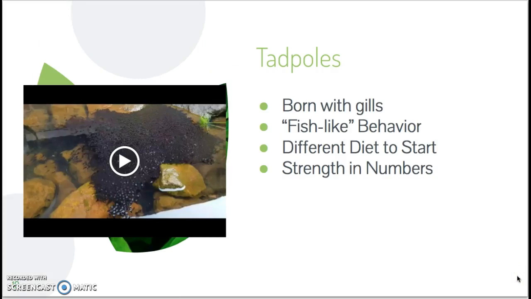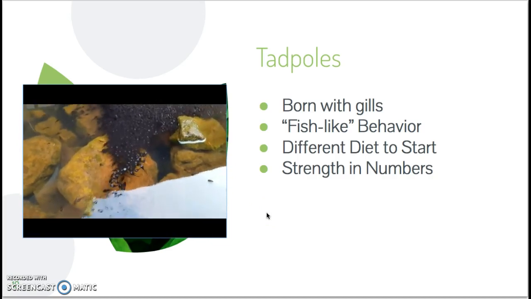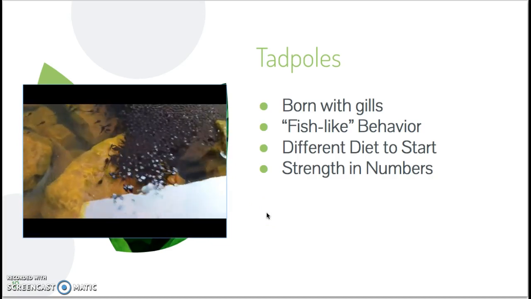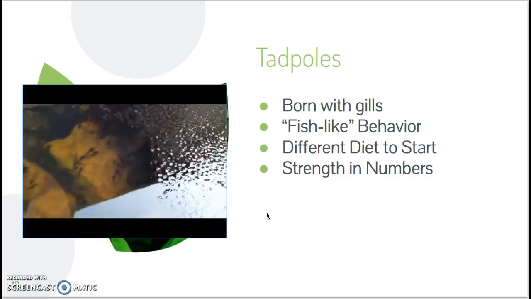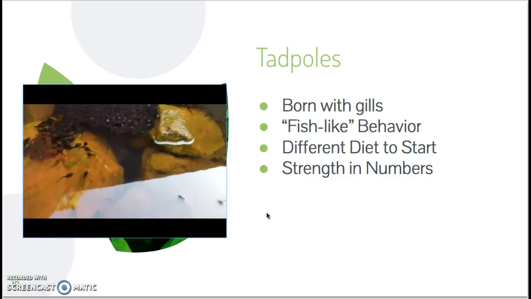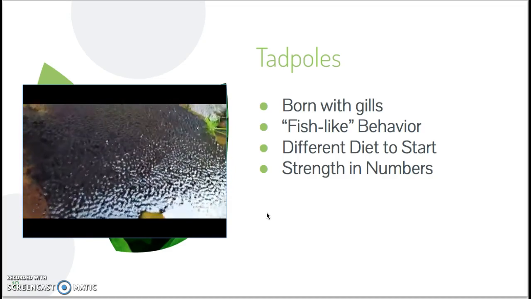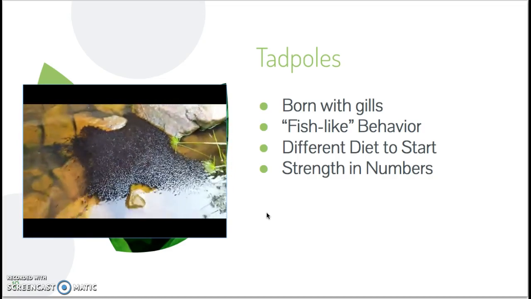What ends up emerging from the egg is the tadpole. Tadpoles are born in water, they're born with gills and often manifest fish-like behavior. They have a little tail which they wiggle around to move around so that they can feed.